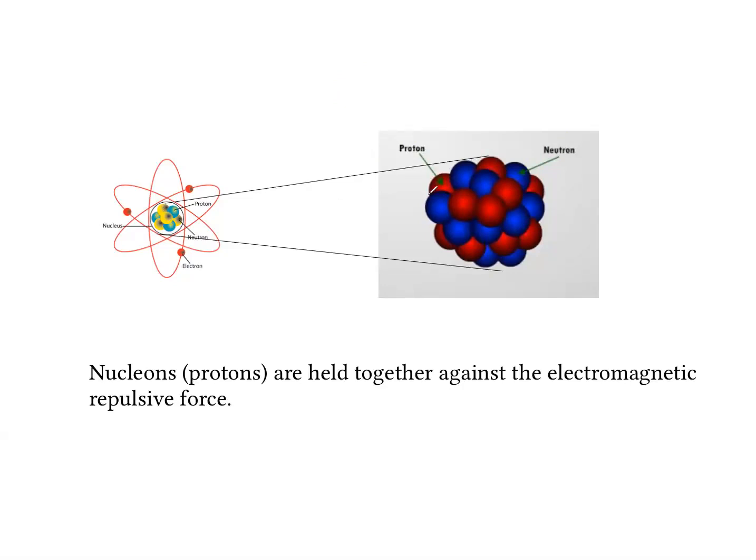But they exist, so it shows that there is some other kind of force other than the electromagnetic force, which is binding these protons inside. It is binding against the electromagnetic repulsive force, so that force must be much stronger than the electromagnetic force.